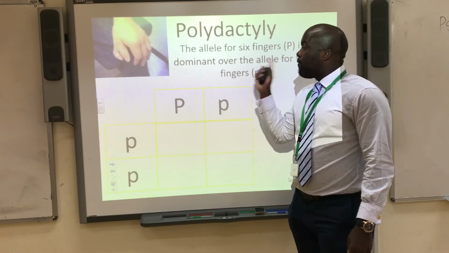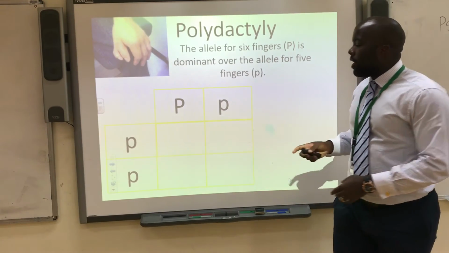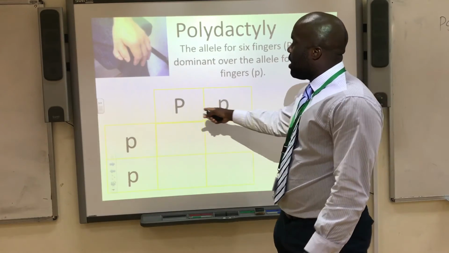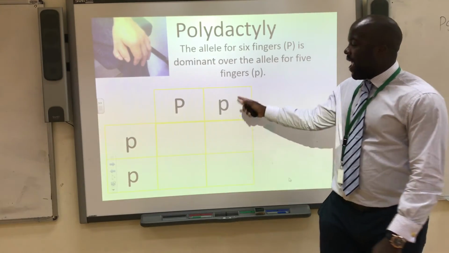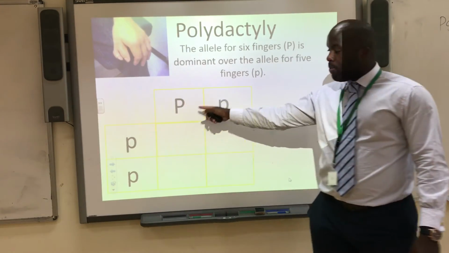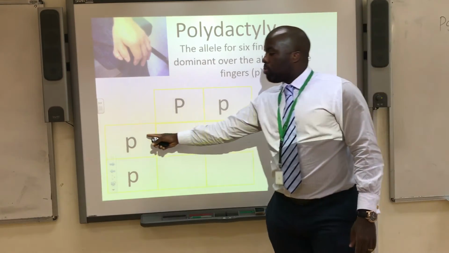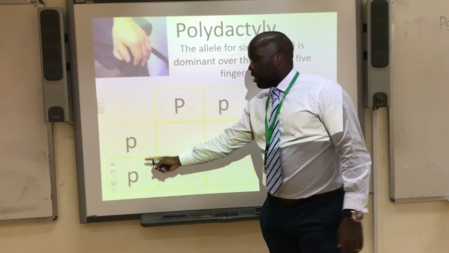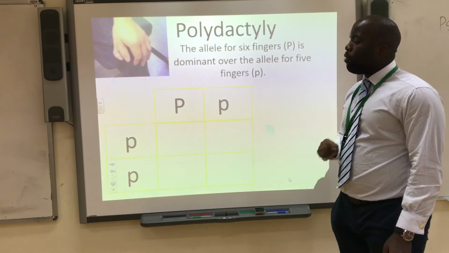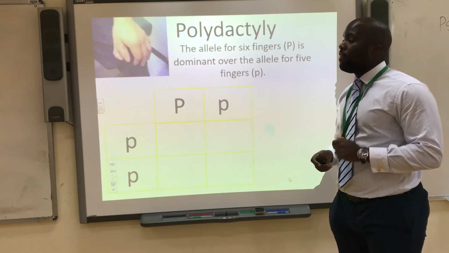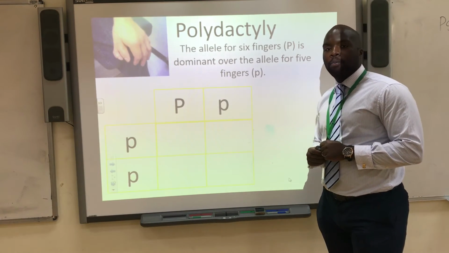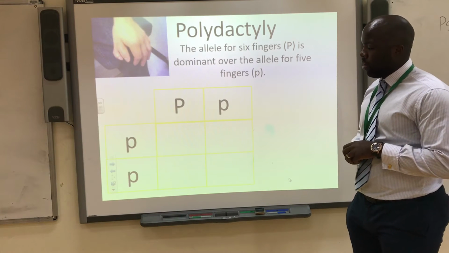The allele for 5 fingers is a lowercase p. So what we look at is, this individual, who's the father, is heterozygous, because he has one dominant, one recessive. This individual, the mother, is homozygous recessive. So, I want you guys to pause the video and work out the probability of this individual having polydactyly, so 6 fingers or 6 toes.